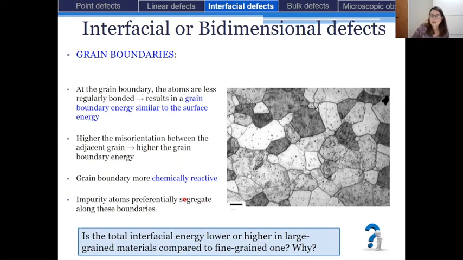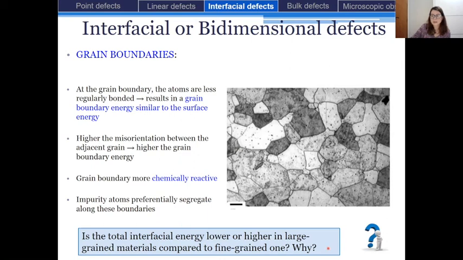And so that's why, in fact, the susceptibility to corrosion is higher at the grain boundary, and it is even higher in the case of high misorientation. Another phenomenon that we observe at the grain boundary is that impurity atoms preferentially segregate along this boundary.